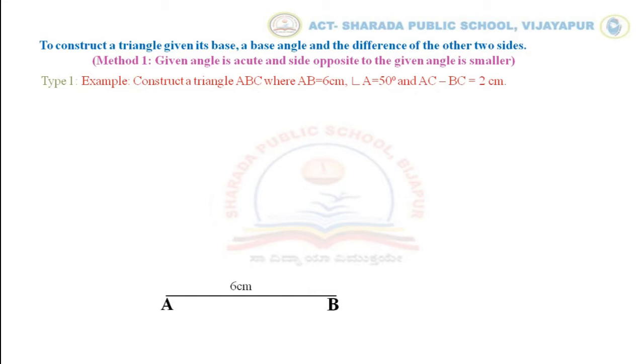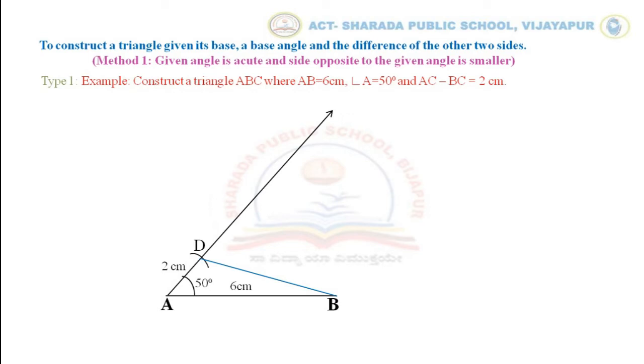Then, keeping the protractor at A, measure 50 degrees and draw a line. Now, with the length of 2 cm, which is given as AC minus BC, keeping the compass at A, we cut 2 cm, that is the point D, and we join BD.